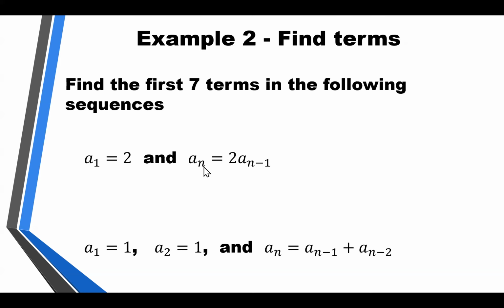That just means the nth term is twice the previous term. Or in this case, the nth term is the previous term plus the previous term before that, the n minus 1 term plus the n minus 2 term. And then this one has to start out by giving you a couple of numerical values to start with.